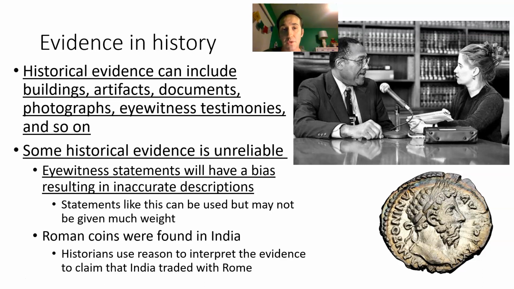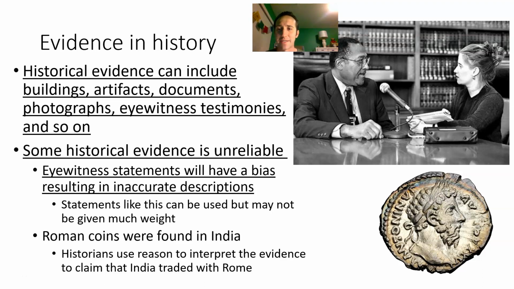People are going to tell different stories, and so we don't have a singular history. We'll have a history based on, I have this pile of evidence, and this is the story I'm going to tell through that evidence. It depends on the storyteller. Each historian is going to take that pile of evidence and use it a little bit differently. But it's not all perfect. Some of it is unreliable.